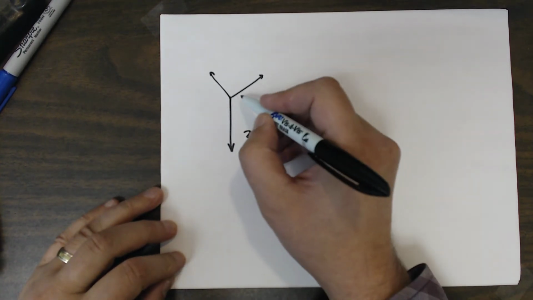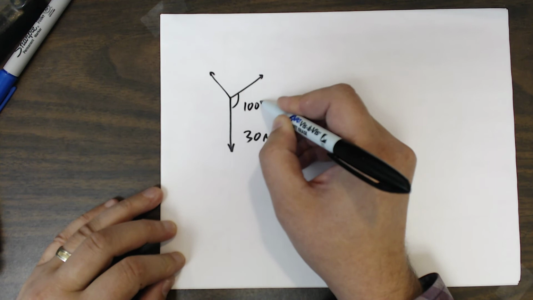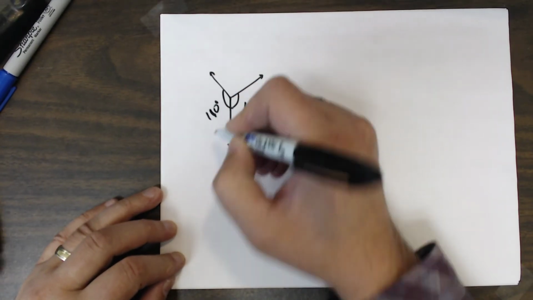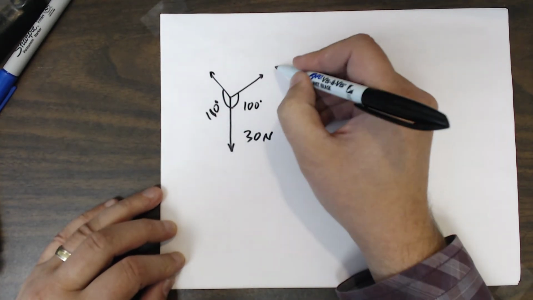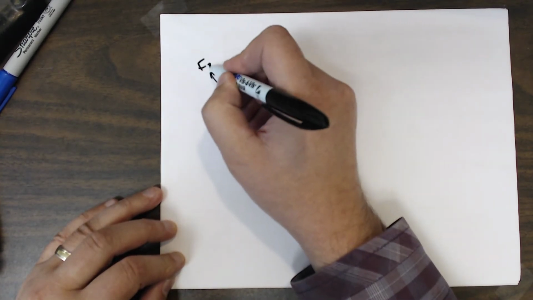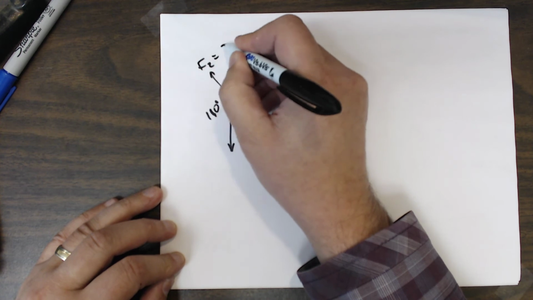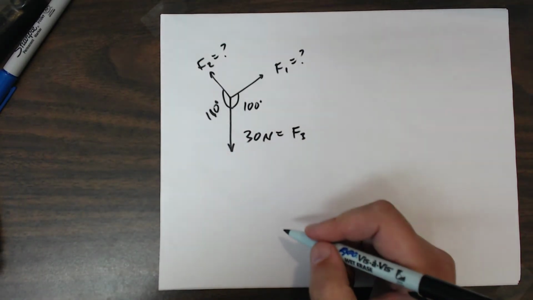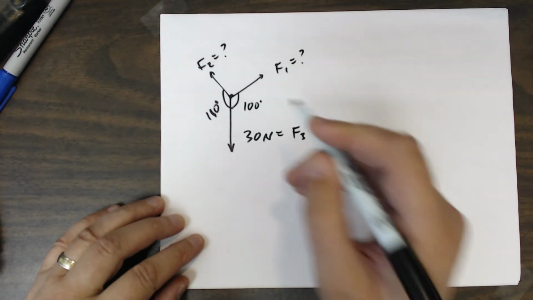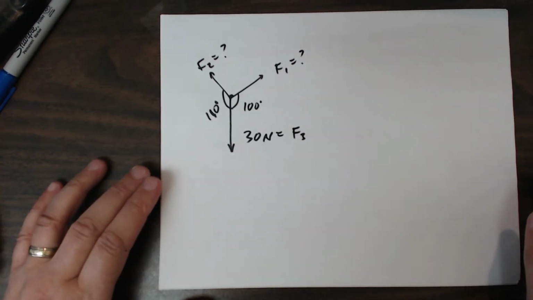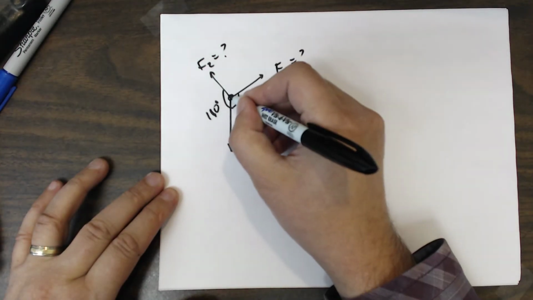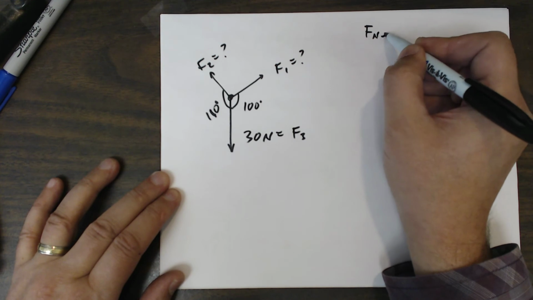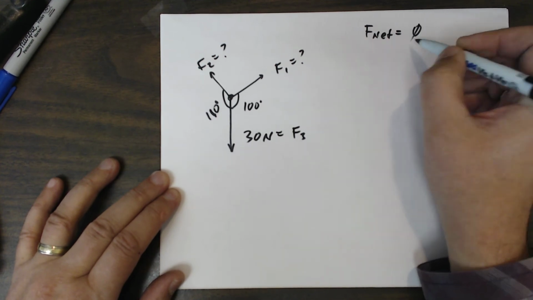We do know angles. Let's make same angles, 100 degrees here, 110 degrees here, and let's call them again F1, F2, the magnitude of these forces we are looking for. This is F3, and an additional condition is this object is in equilibrium, which means the net force has to be equal to 0.